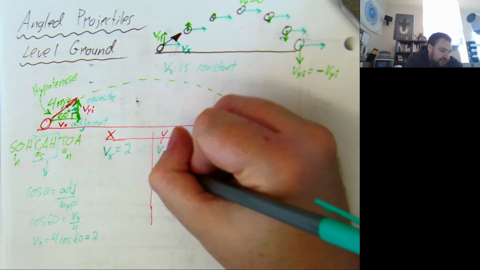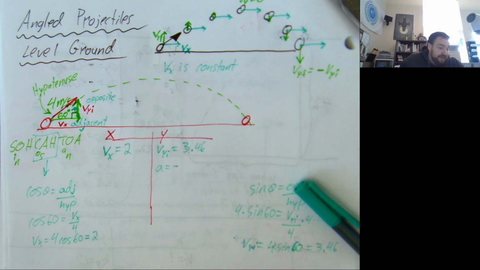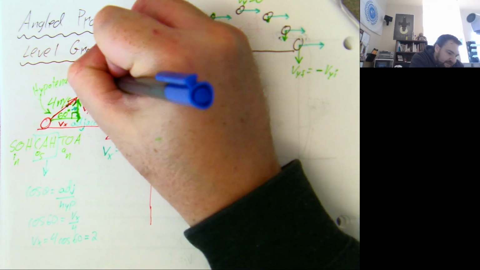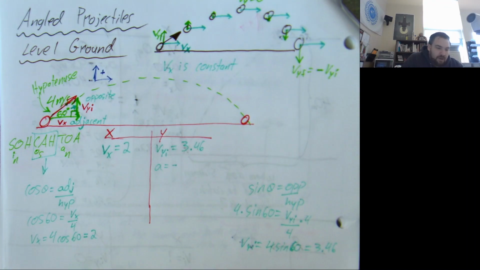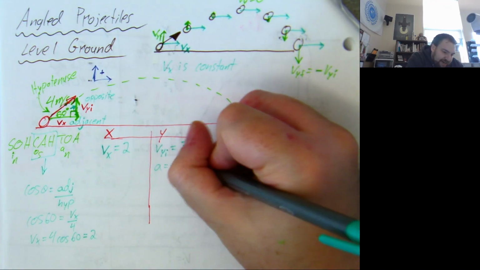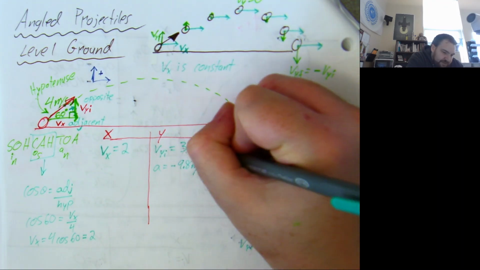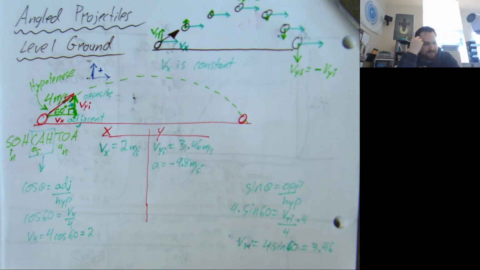We know the acceleration here is, because we're angled now, I'm going to call right and up positive, which is going to make our acceleration negative 9.8 meters per second squared. That's in meters per second, and this is meters per second. And so far, that's all we got.